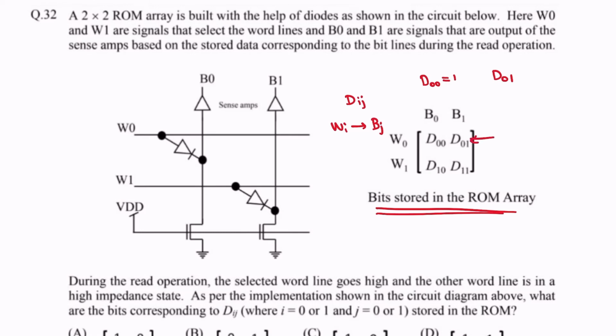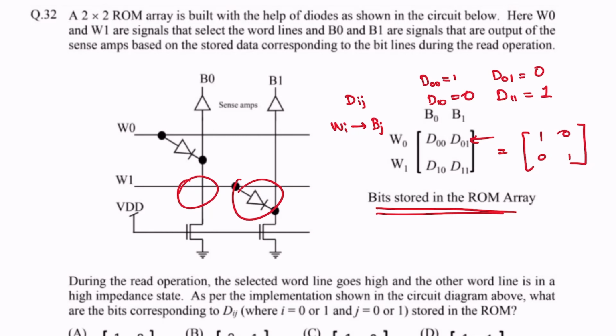D01, that is word line 0 and bit line 1, is 0 because there is no diode here. Then D10, which corresponds to here, there's no diode, so that's a 0. And then D11, there is a diode, so that's a 1. So this matrix will be 1 0 0 1, the 2x2 identity matrix.